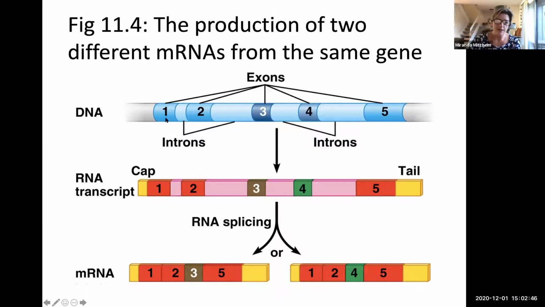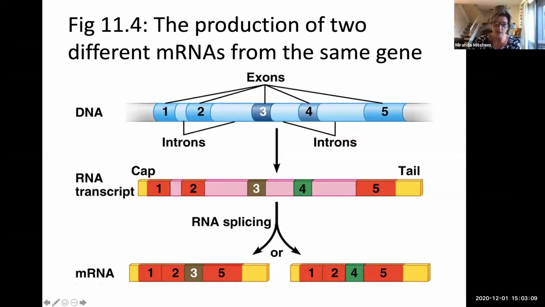So what happens is the RNA transcript is produced. It is modified by adding the cap and the tail, and that helps the messenger RNA molecule to move out of the nucleus so that it can find a ribosome to complete the protein synthesis.